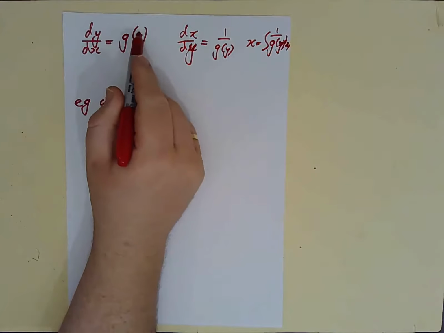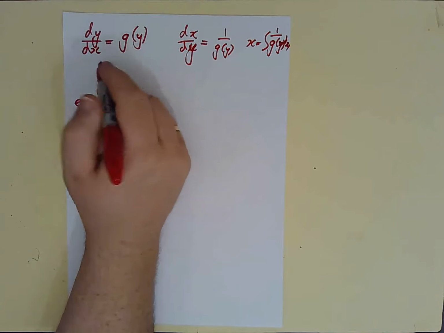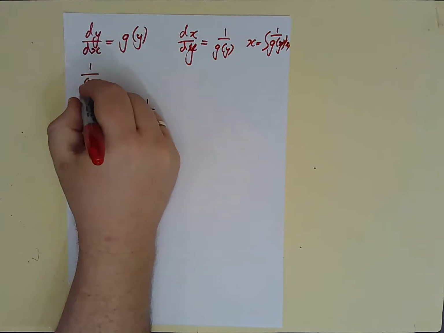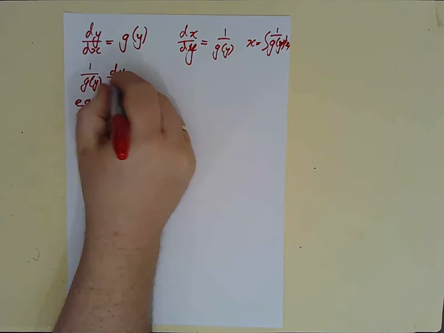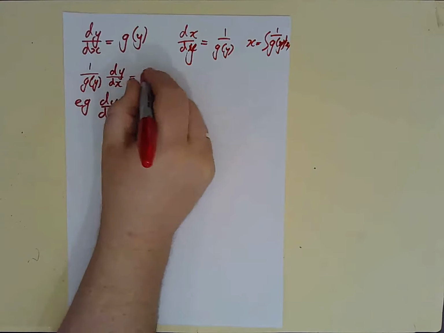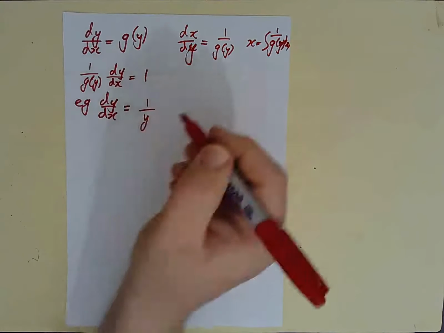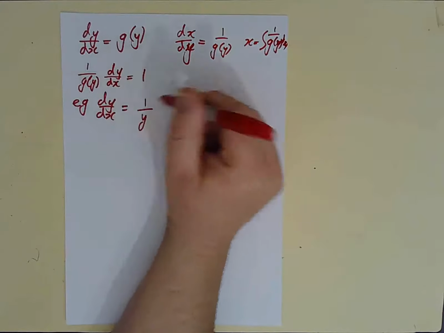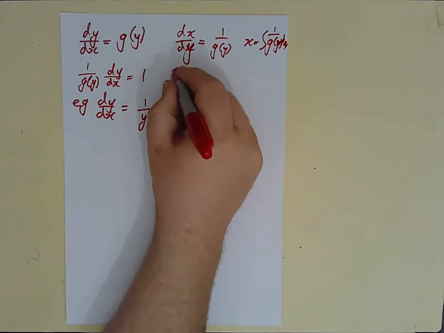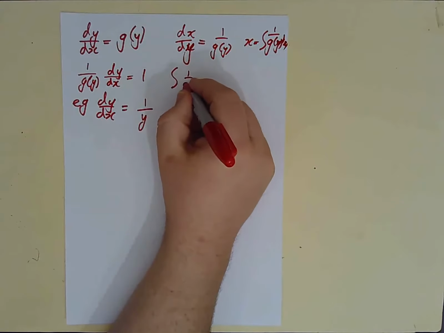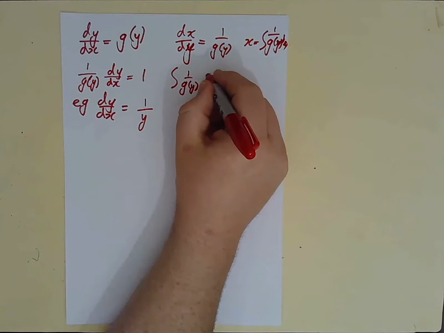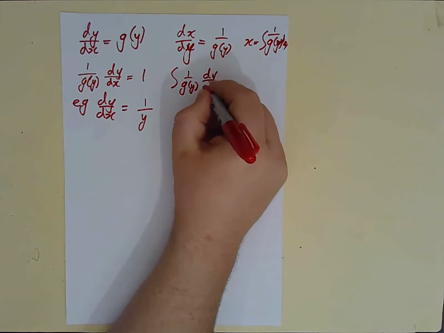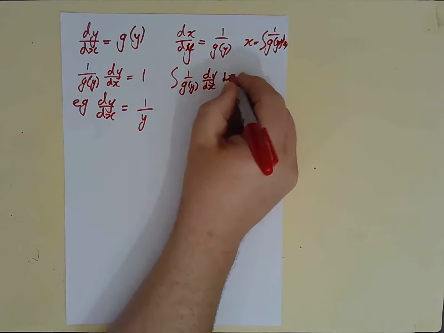I like to do it the same, but I rearrange it. I say I want to divide both sides by this g of y. So I have 1 over g of y dy/dx equals 1. And then when I integrate this, I think about the integral of 1 over g of y dy/dx dx, and I think of these as cancelling.